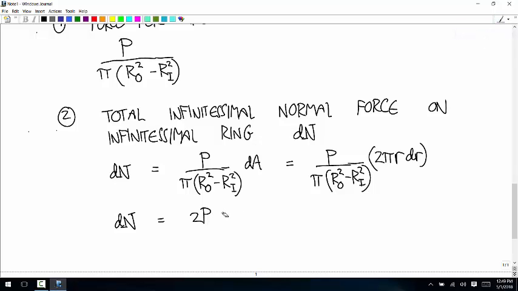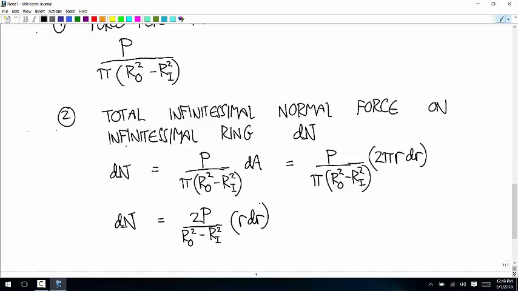So 2P over r outer squared minus r inner squared, and then times r dr.